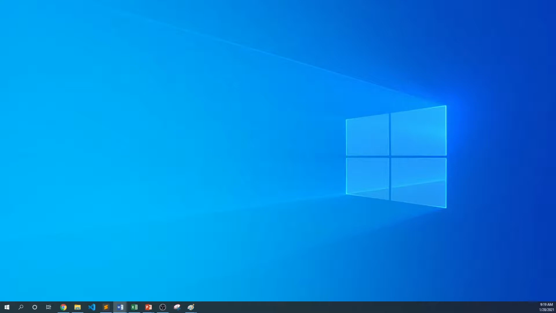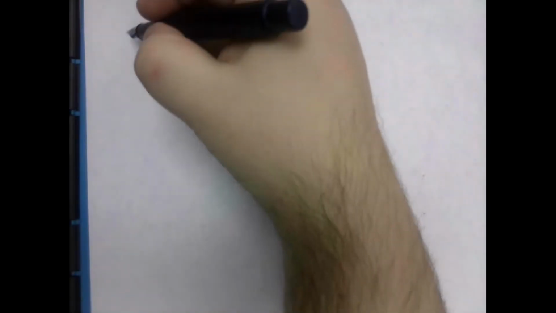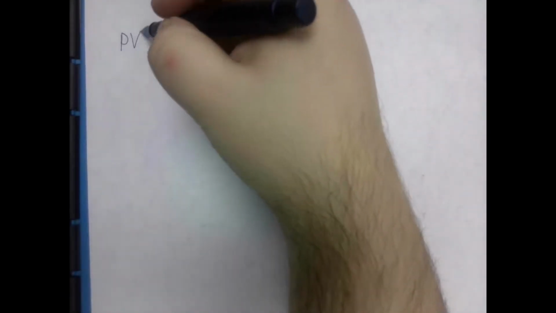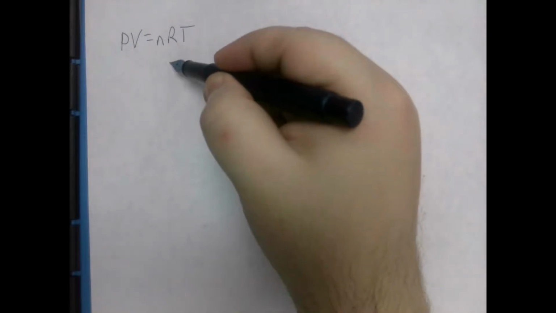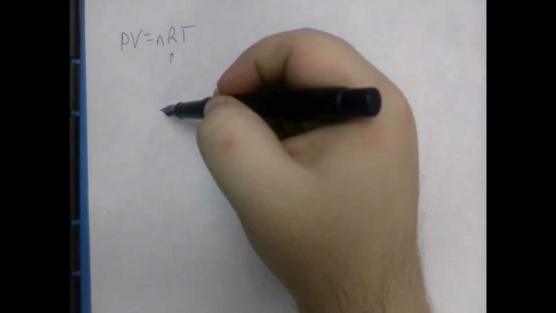I will say, to work through some examples on this. So, using the ideal gas law, pressure times volume is equal to nRT. Note that your R value depends on what units you're using.